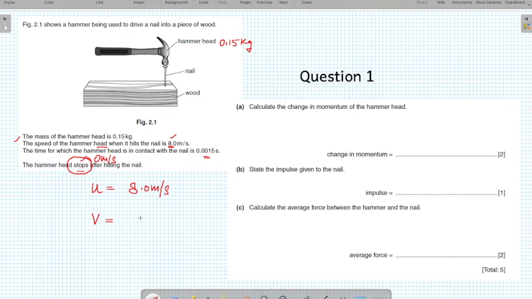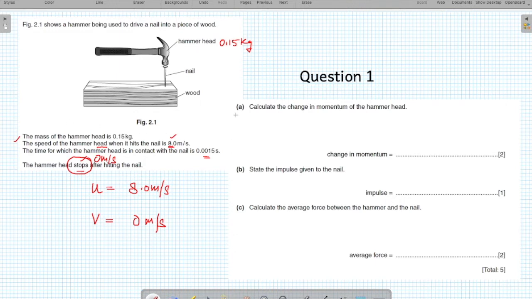So finally, at a later point of time, it stopped. 0 meters per second. So it is very important that we identify the initial and the final velocity to solve the questions on momentum, on impulse, on acceleration correctly. If you do not understand how to identify U, how to identify V, please go through my video on acceleration to understand these points in detail.